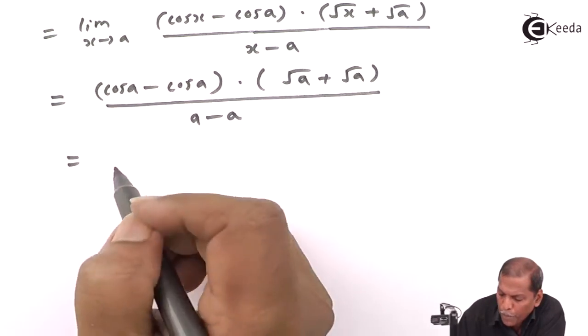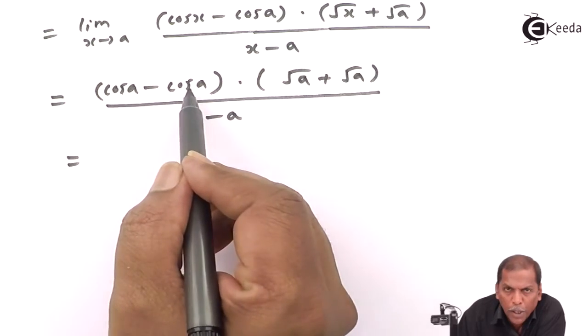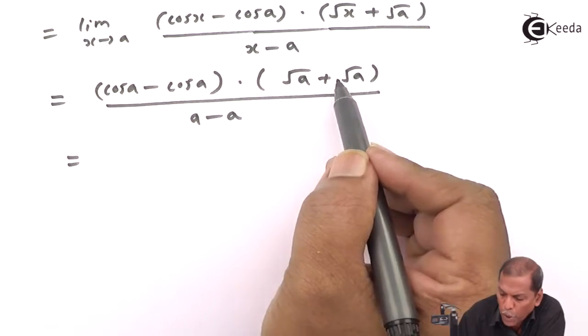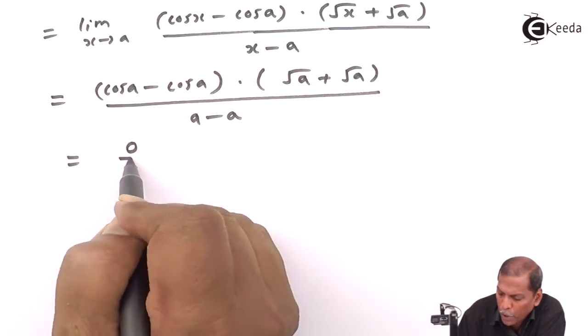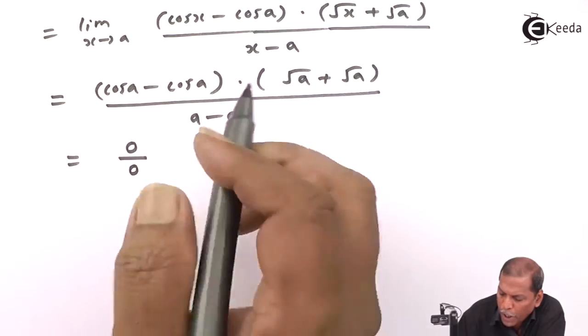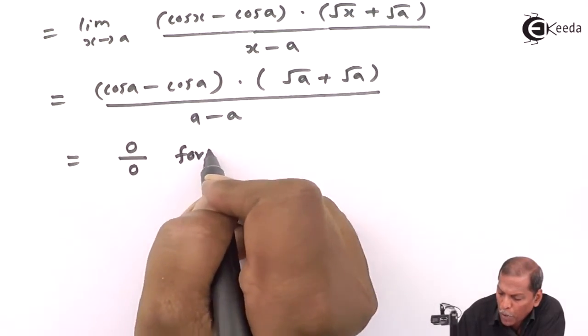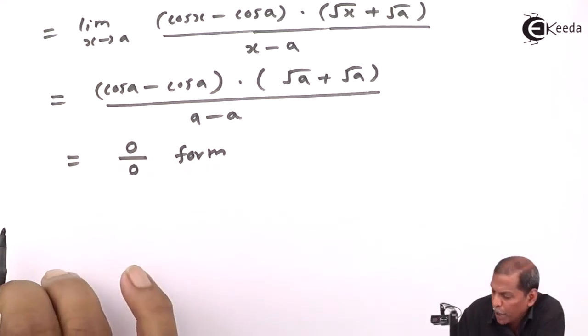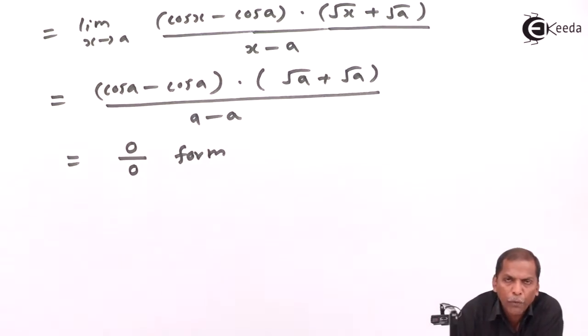So on further simplifying, cos a minus cos a gives 0, 0 multiplied by root a plus root a gives totally 0 in the numerator, upon a minus a that gives 0 in the denominator, so this is of the form 0 by 0. It means in this case also we have to use the substitution method.